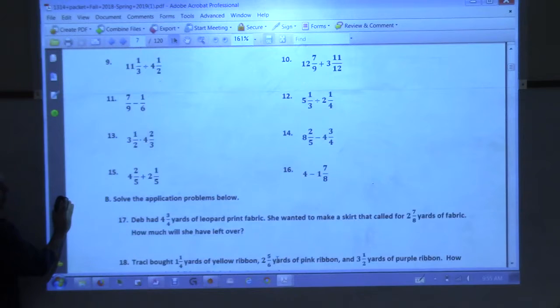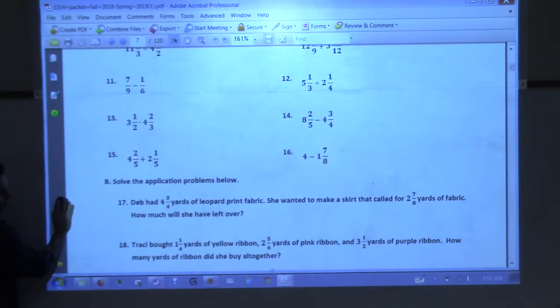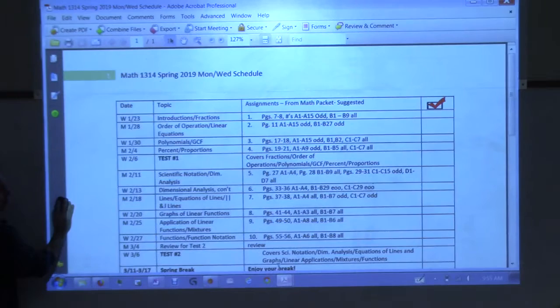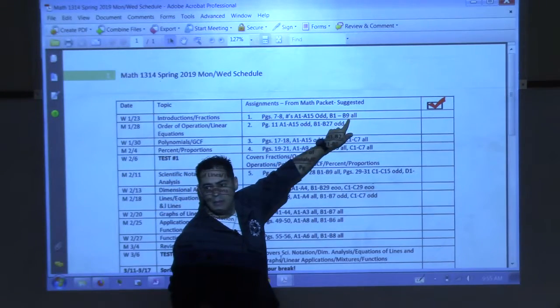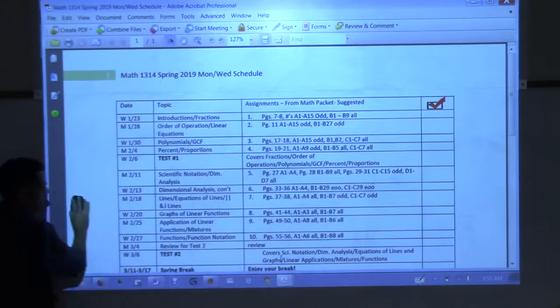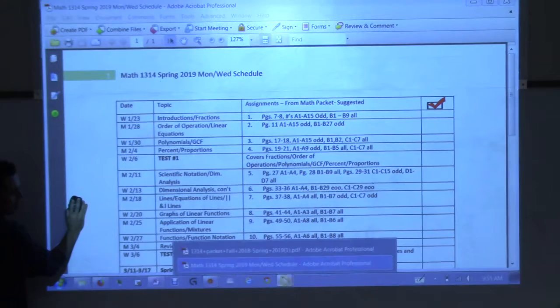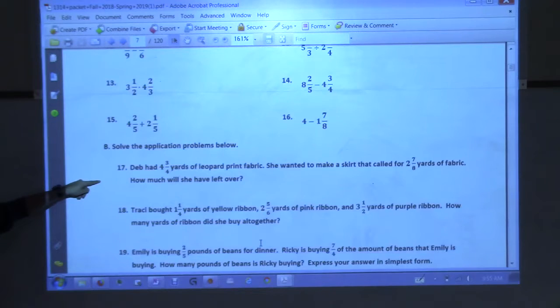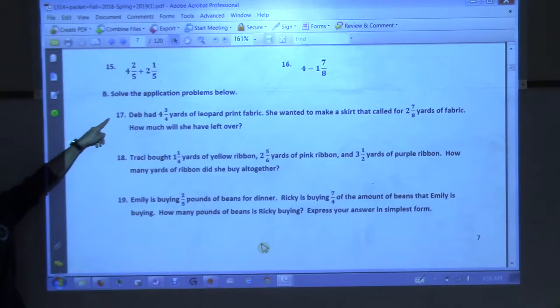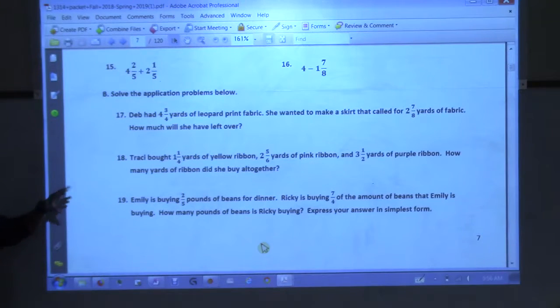All right, so here's where things get messed up. Watch. On the schedule, it says now do B1 through B9, right? Well, go back to the packet. Here's B, and look where it starts. 17, right? That should be B1, then B2, then B3. Does that make sense? So they messed up.